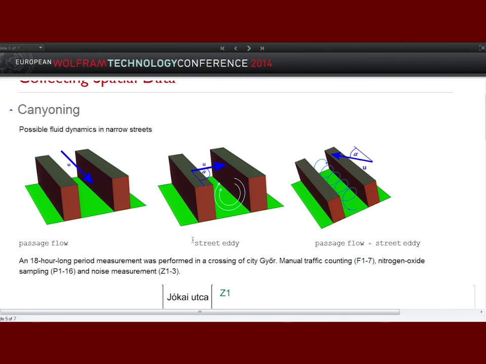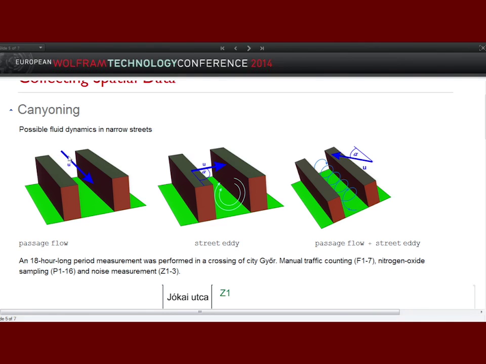If we have a street which is narrow enough and there are huge, high elevated buildings surrounding it, it behaves like a canyon.